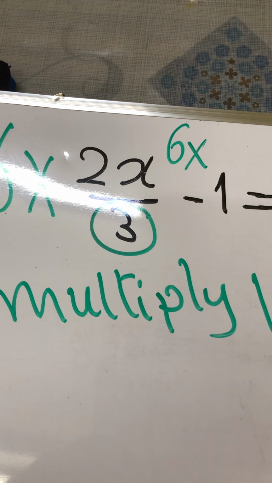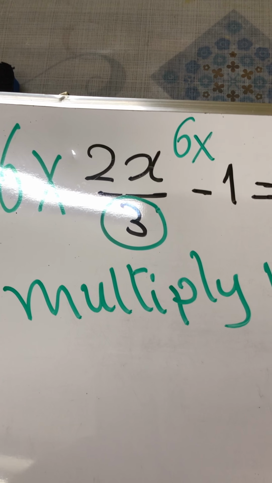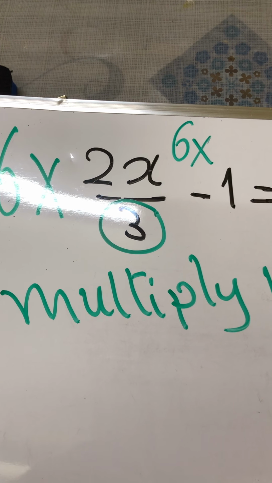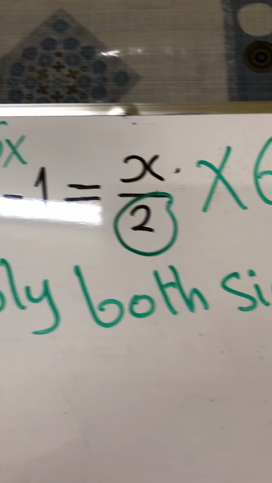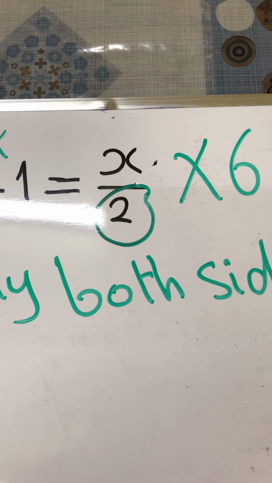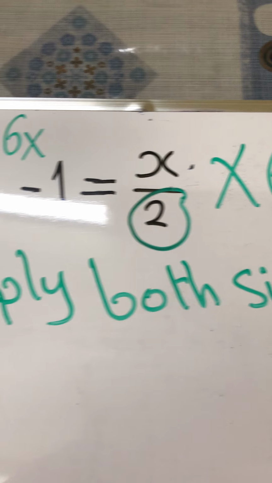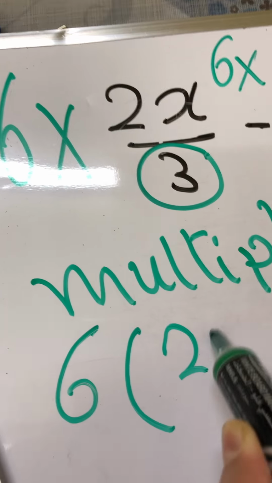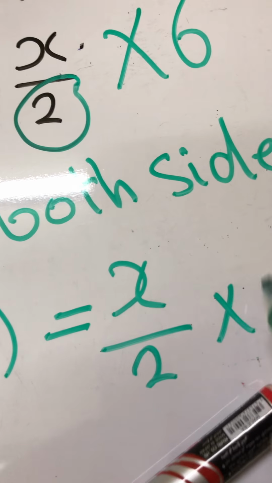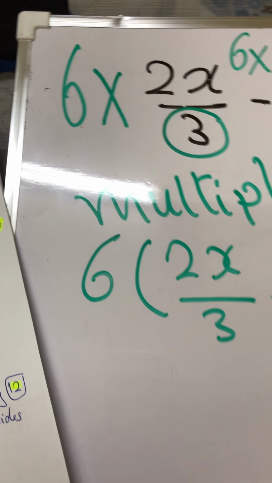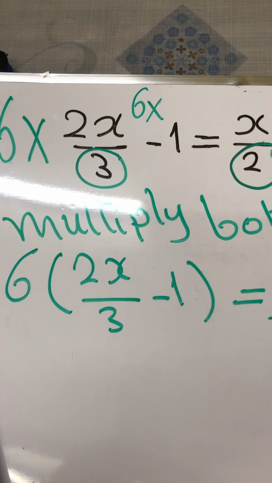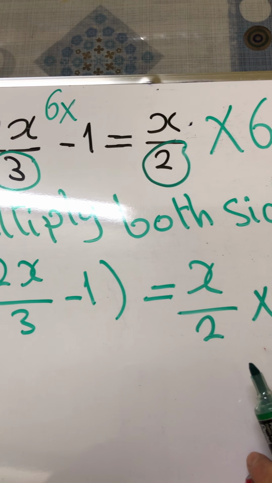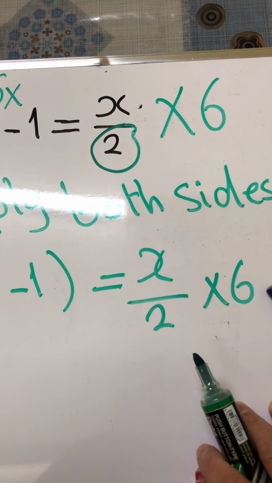Don't forget to multiply all the terms you have. And here multiply by 6. Or we can put it as 6 open brackets 2x over 3 minus 1 equal x over 2 multiply 6, like this.